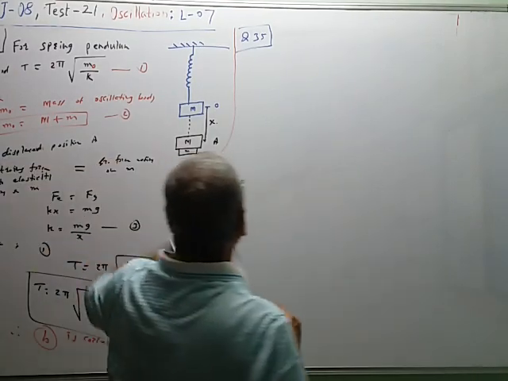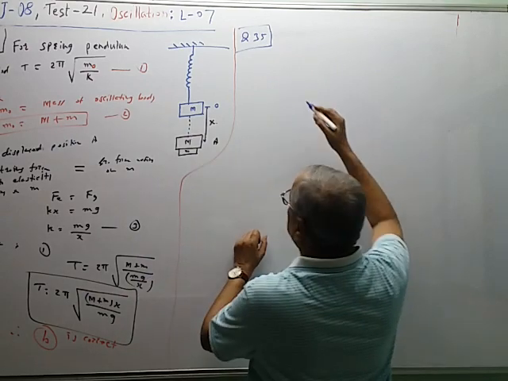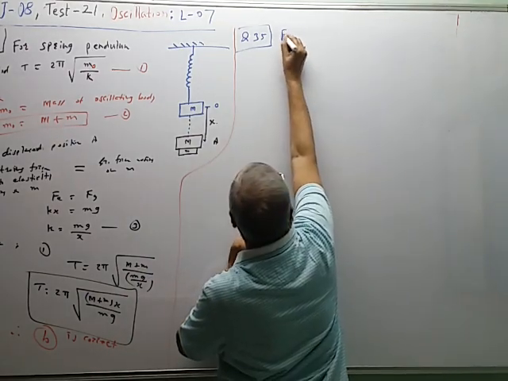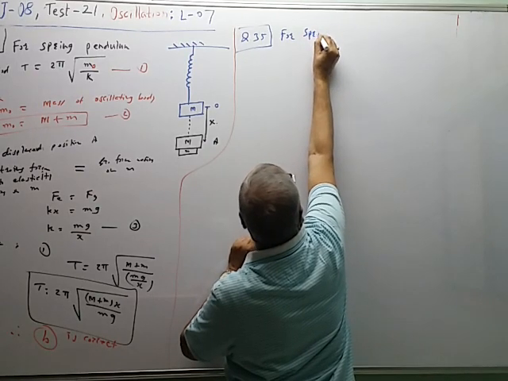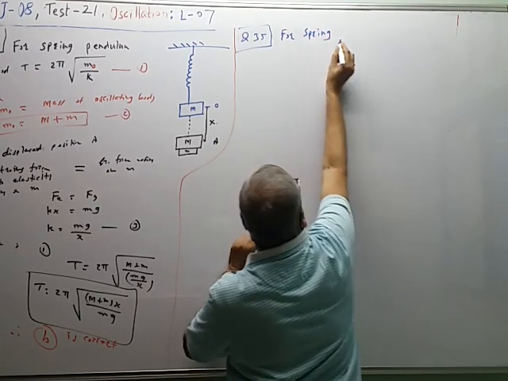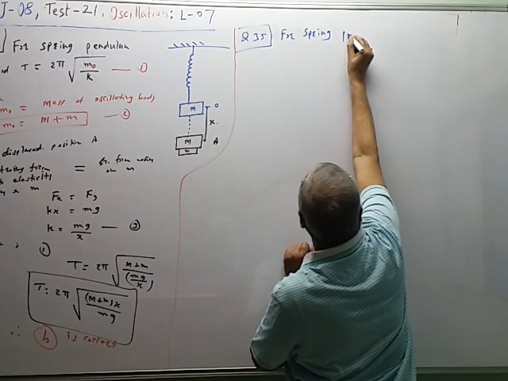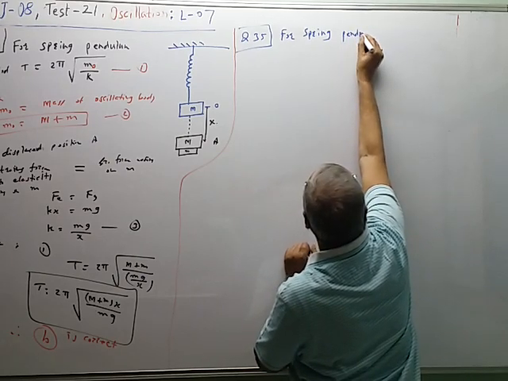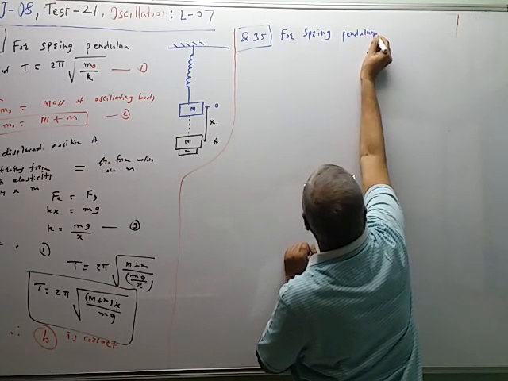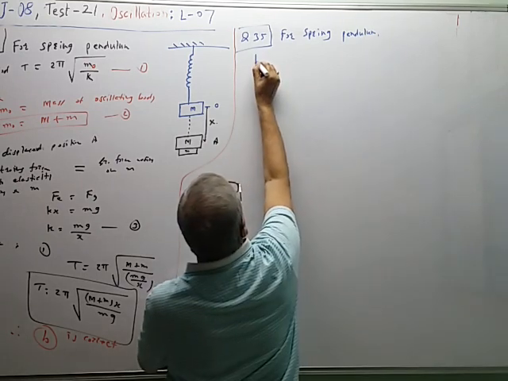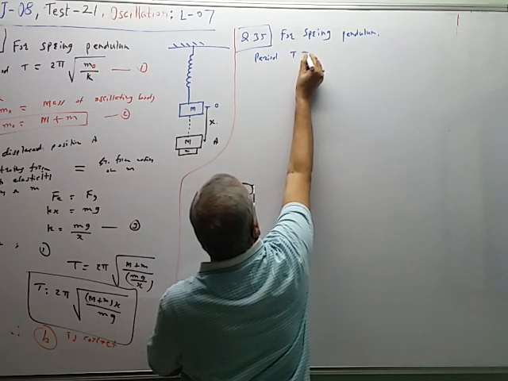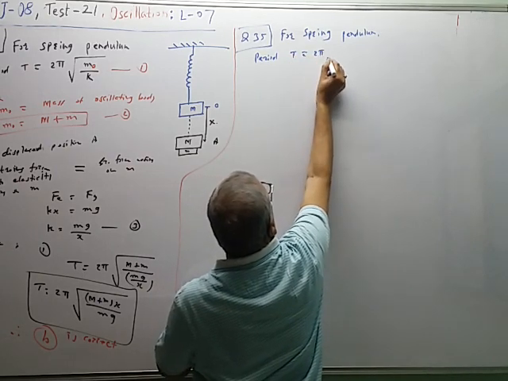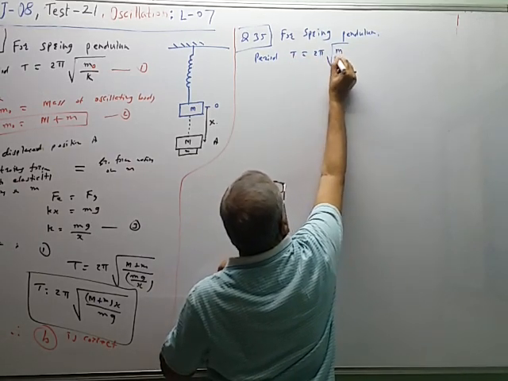So again we will use the same formula for spring pendulum. Spring pendulum period capital T is equal to 2 pi multiplied by under root m by k.